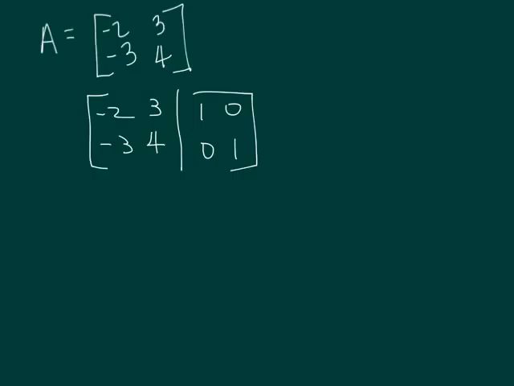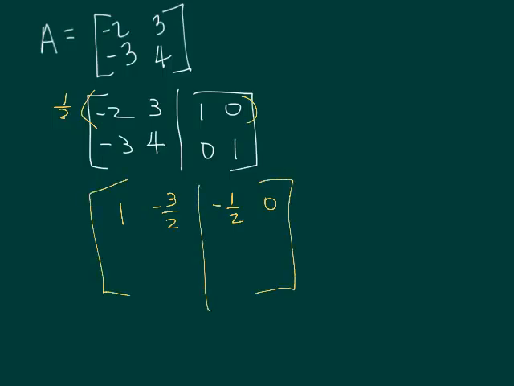I'm going to multiply this first row by -1/2, and that'll give me a 1. That'll give me a 3/2 and a -1/2 here, and a 0 there. And my bottom does not change at all: -3, 4, 0, 1.